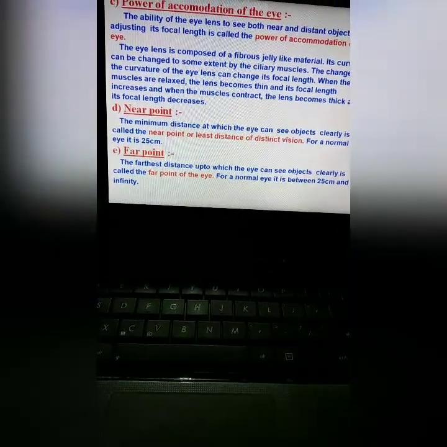Then come to the far point for the normal eye. The farthest distance up to which the eye can see objects clearly is called the far point of the eye. For the normal eye, it is infinity. So the range of vision for the normal eye is 25 centimeter to infinity.